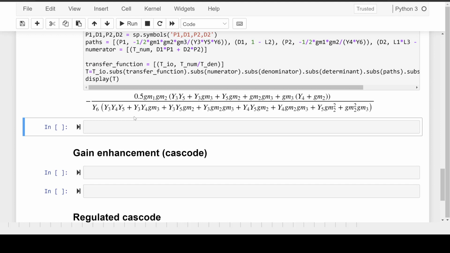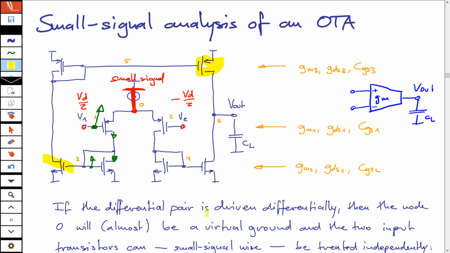But now we have to look a little bit more into it. So all the GDS would now come into it, but this is not as simple as it could be for a very simple reason. We have not yet used the symmetry of the whole circuit. So how to use the symmetry of the whole circuit? If I look at this here, then you see that the situation at node 3 and the situation at node 4 is exactly the same.